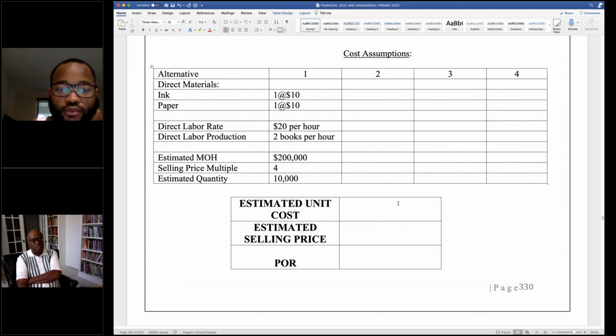I want you to calculate the estimated unit cost, estimated selling price, and POR. You have 2 ink cartridges. You have a labor rate. You have your productivity rate. You have your estimated overhead. You have your selling price multiple. You have your estimated quantity. So with these assumptions, you're supposed to be able to calculate this.